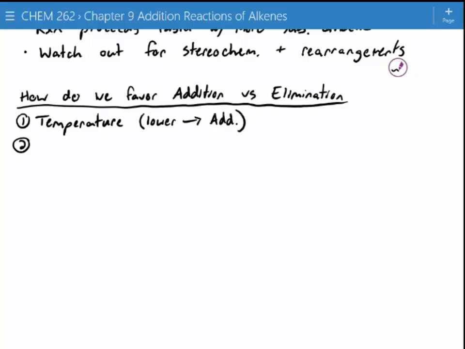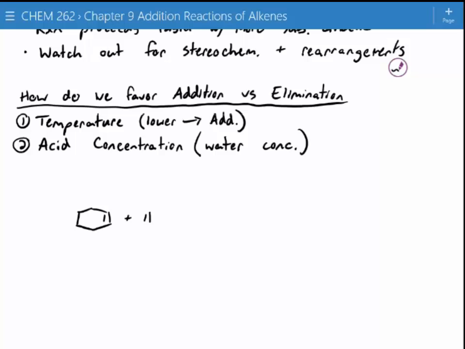The other one that's a little different to think about is acid concentration. And a weird way of thinking about this is we're not really concerned with the acid concentration, but more the water concentration. And I'll explain what I mean by that in a second. So let's take a look at the example we did in lab.